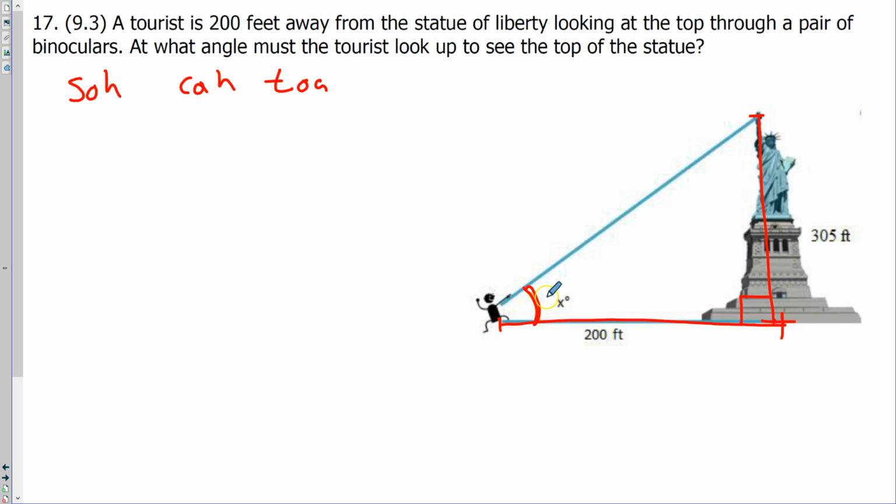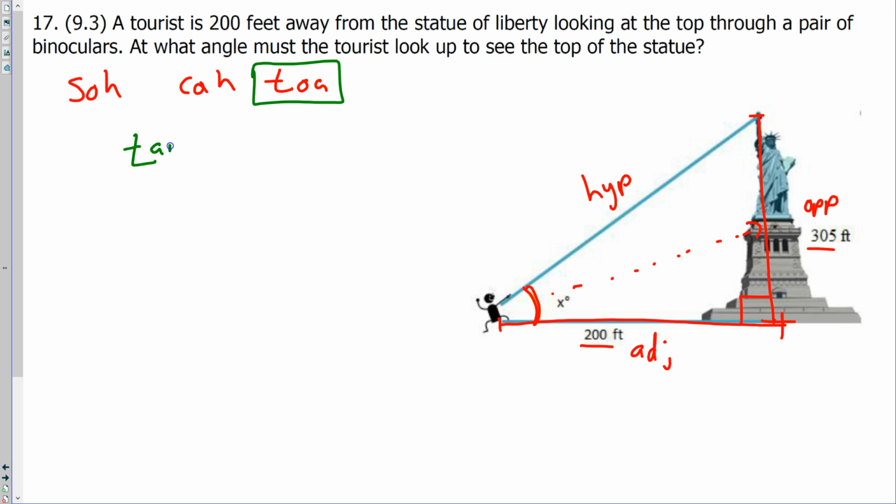I always like to start with opposite. From your angle that you're interested in or that's given, the side across from that is your opposite side. The side across from 90, or your longest side, is the hypotenuse. And then the third side, whatever's left over, is the adjacent. So here, the numbers that are given are the opposite and the adjacent side. So that means I need to use the trigonometric ratio that uses the opposite and adjacent, which is tangent.